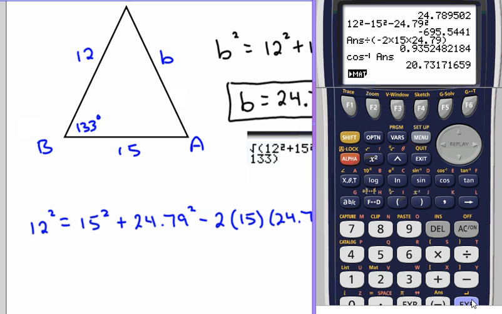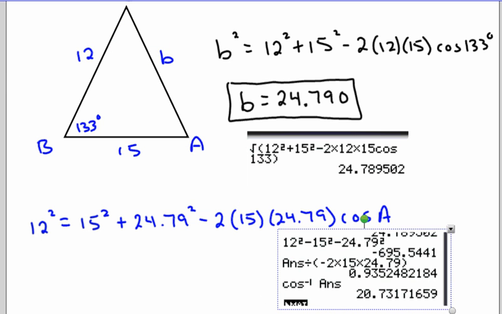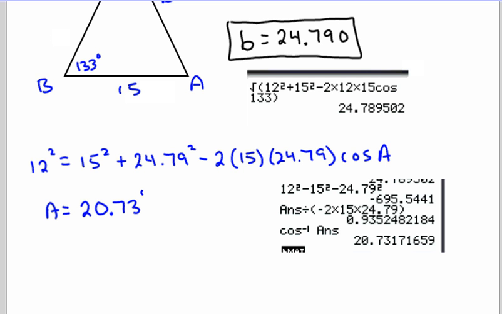And there's angle A. I'll copy this whole thing too, so I can look at it here. So I just figured out that angle A would be 20.73 degrees.